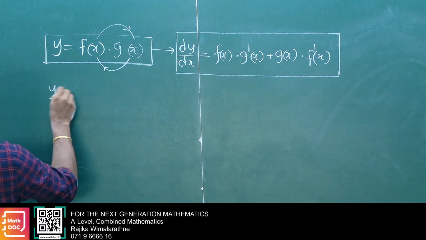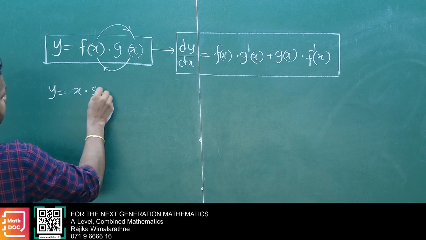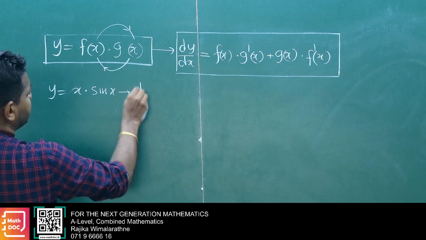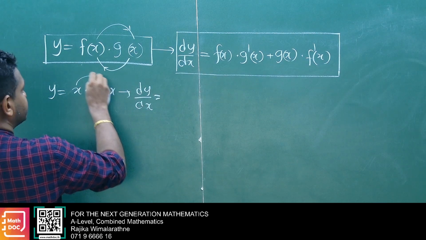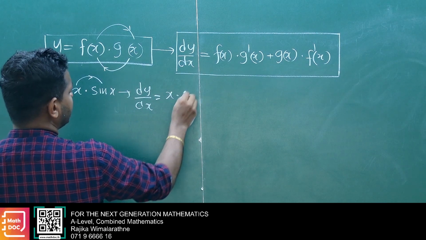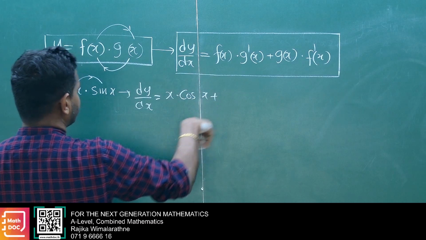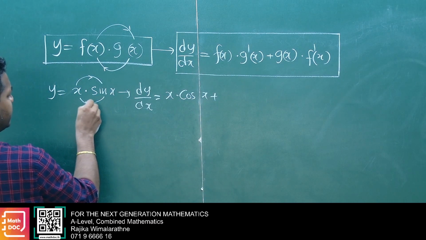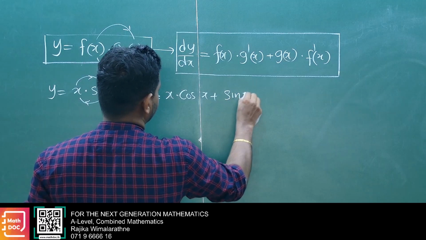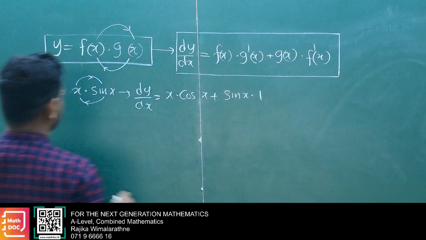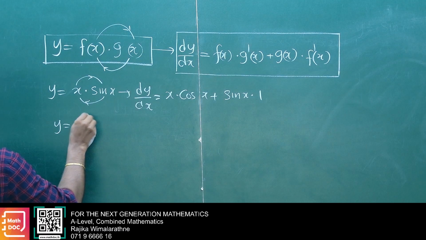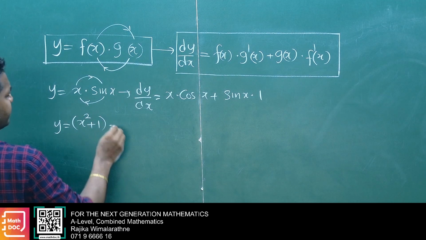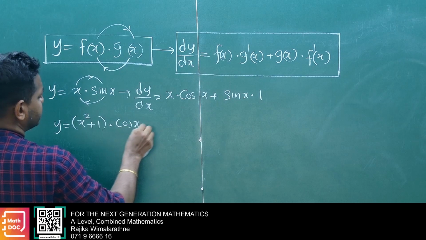Consider y equals x times sin x. See the derivative dy by dx: x times the derivative of sin, cos, plus sin x times the derivative of x, 1. Next, y equals (x square plus 1) times cos x.